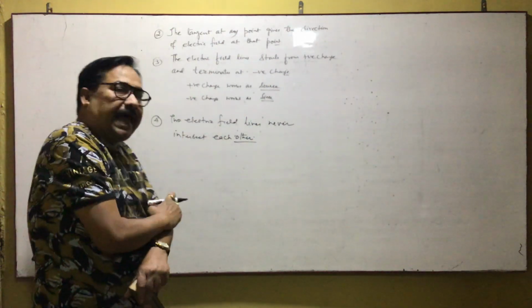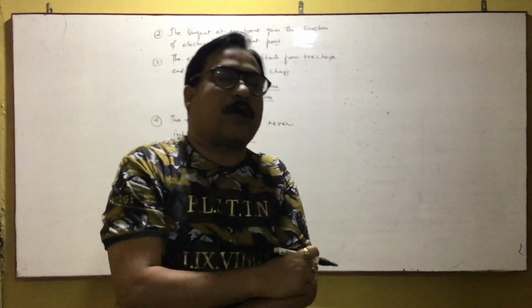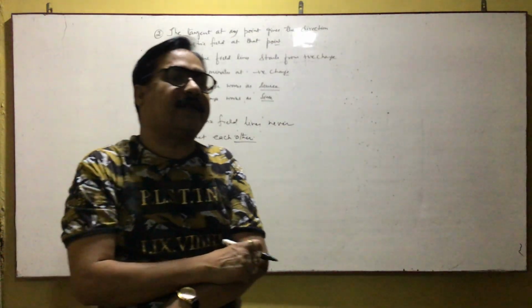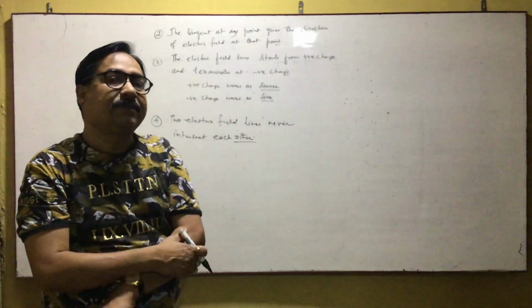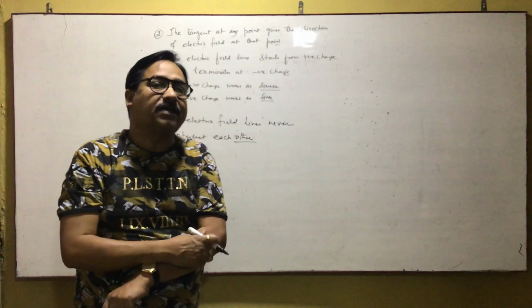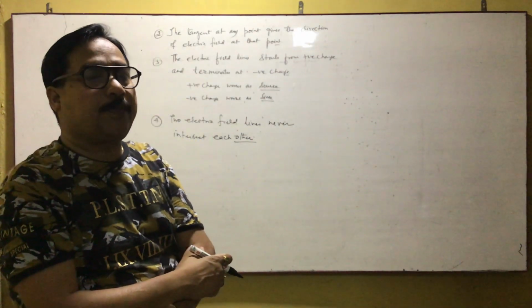So, like magnetic field lines, the electric field lines are also not intersecting each other, because if they intersect, then at the point of intersection, there will be two tangents showing the two directions of electric field. So, this is not possible.